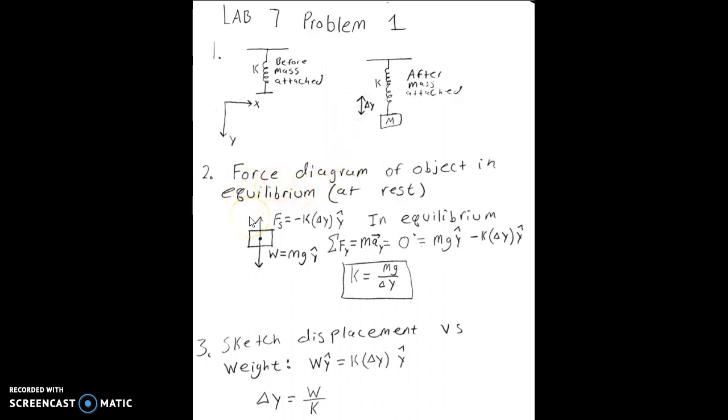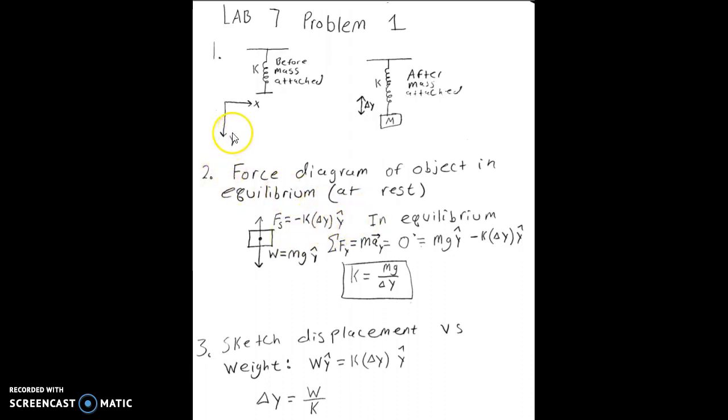So the second part asks you to draw a force diagram of the object when it's at rest or in equilibrium. So at this point, the weight is going to be a force downward, and it's going to be the mass times the acceleration due to gravity in the y hat direction. And then there's going to be a force upward that's negative k delta y in the y hat direction.